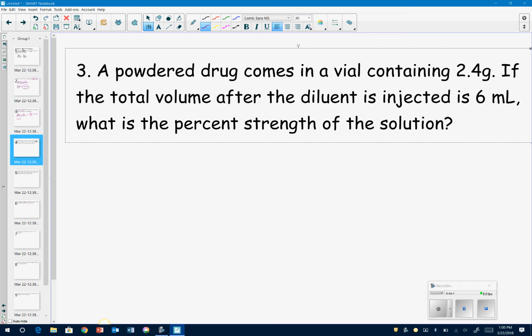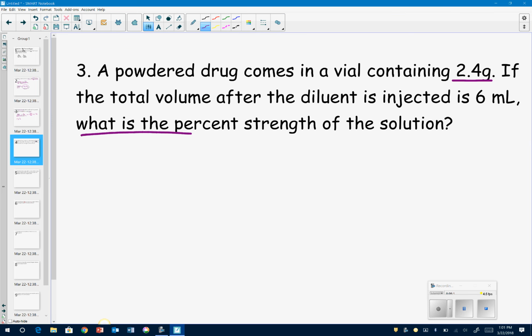Number 3, a powder drug comes in a vial containing 2.4 grams. If the total volume after the diluent is injected is 6 milliliters, what is the percent strength? So again, it's asking what is the percent. So X percent, we know that's always going to be grams. And because of the percent sign, you're always going to put 100 milliliters underneath it. Okay.